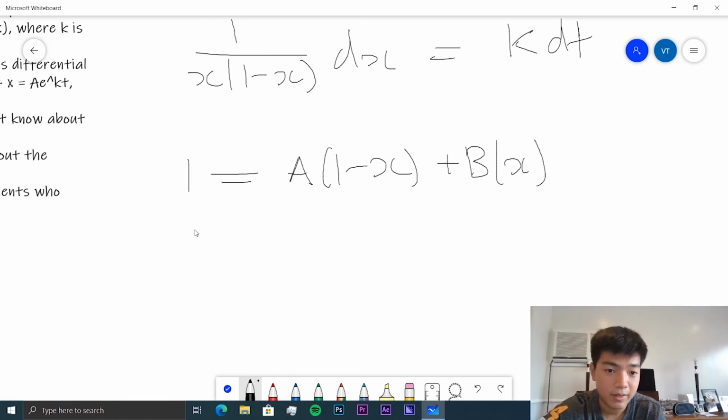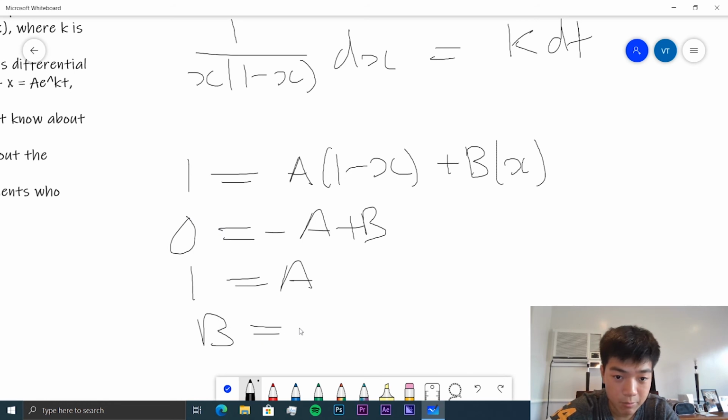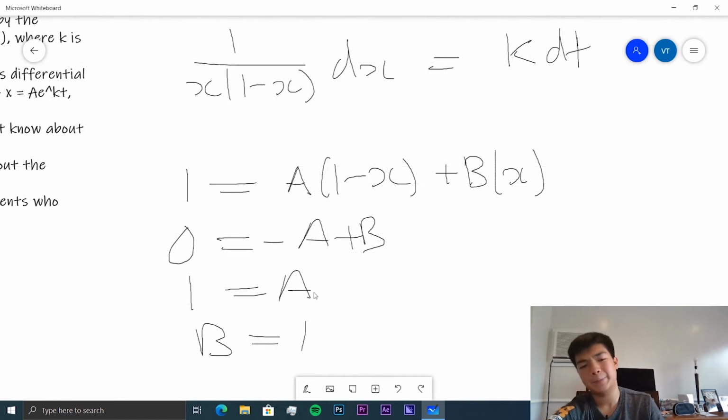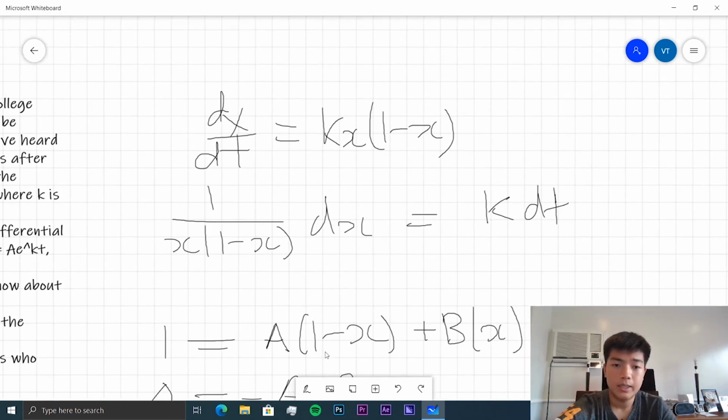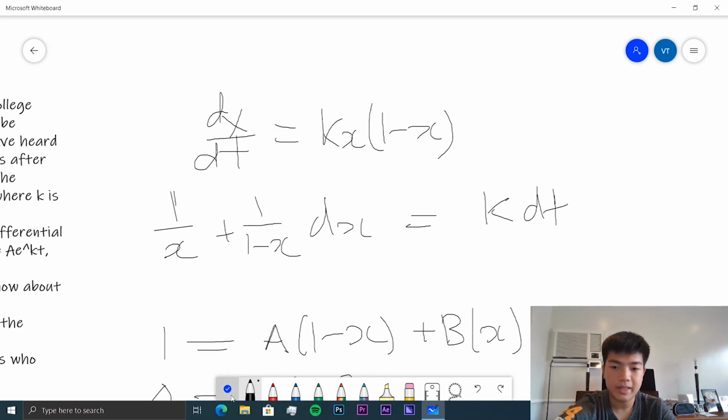So we have 0 is equal to negative a plus b, and 1 is equal to a. So a is 1, so therefore b must be equal to 1. Is that correct? Yeah. So we have 1 over x plus 1 over (1 minus x) dx is equal to k dt.